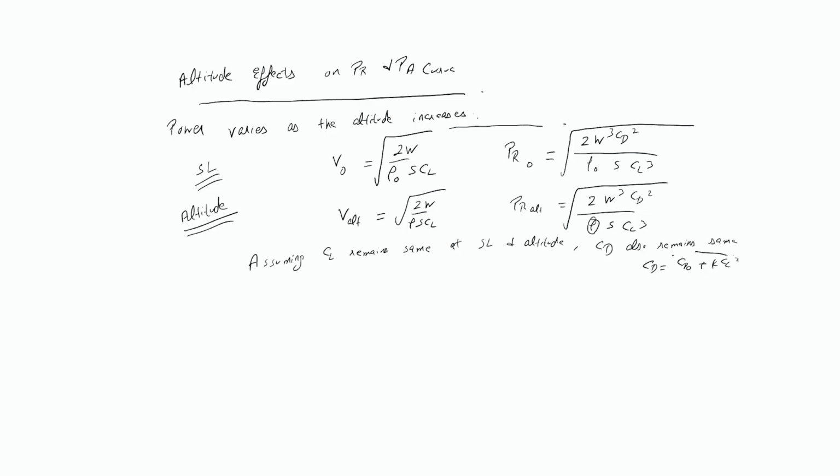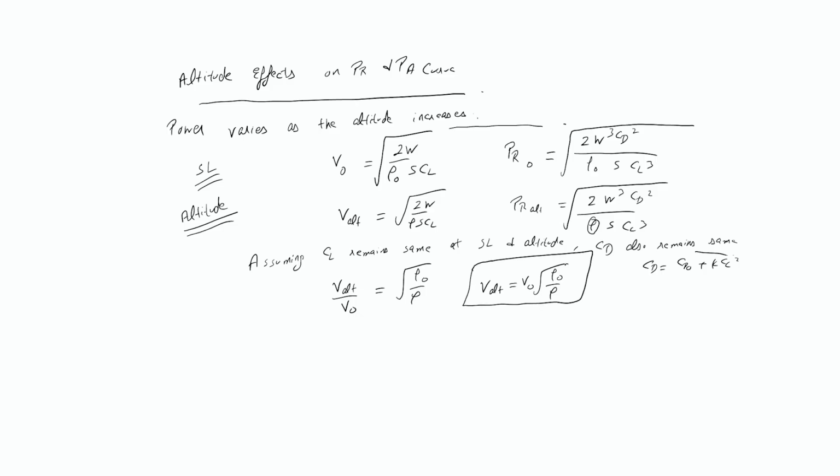Now what we'll do is divide these equations by the sea level equations. So what you get, V altitude by V naught, equals square root of rho naught upon rho. So you can write V altitude equals V naught times square root of rho naught upon rho.